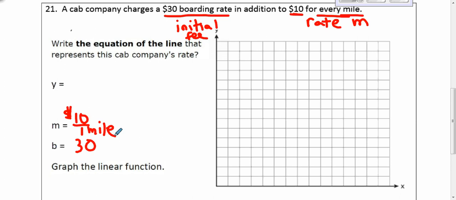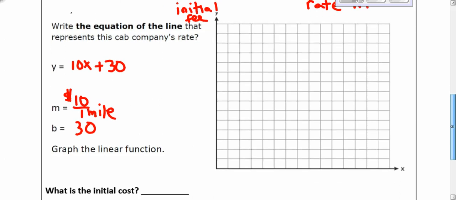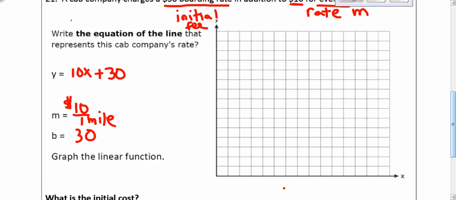And the equation is y equals 10x plus 30. So I'm going to just remember that I have to put labels. So down here for the x-axis, we're going to put miles. And over here on the y-axis, we're going to put money.